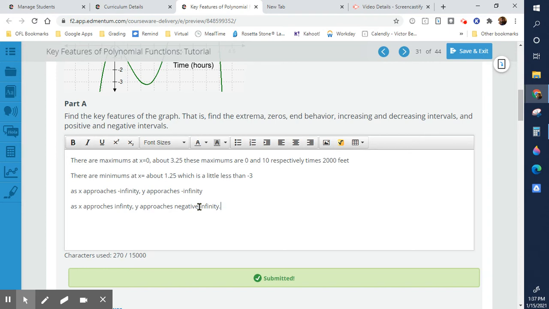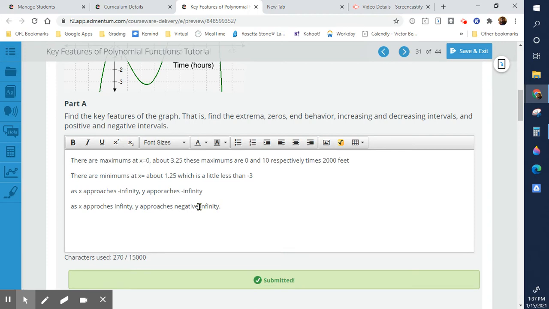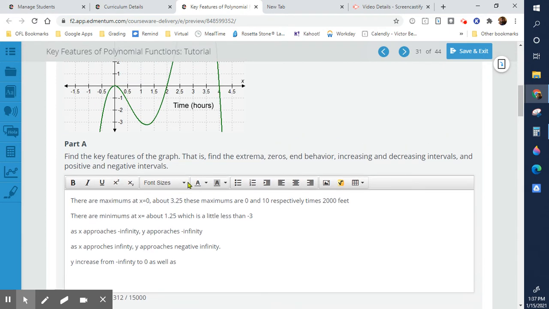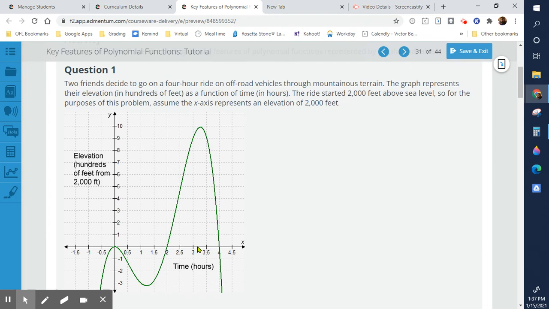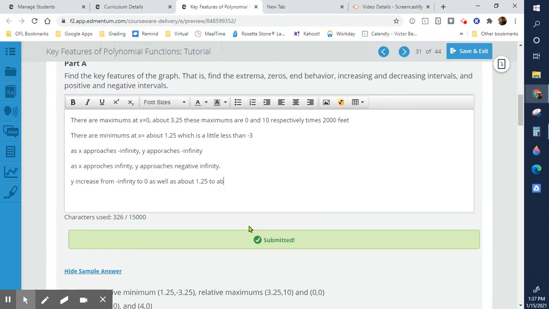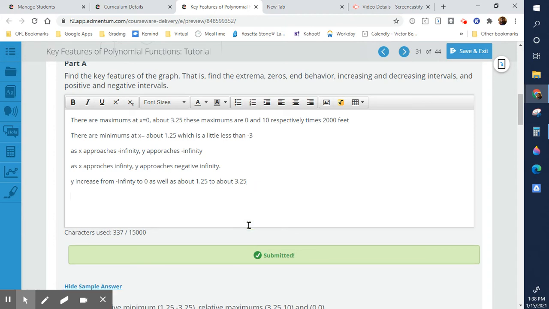When does it increase? When does it decrease? Y increases from negative infinity to 0, as well as from about 1.25 to about 3.25.